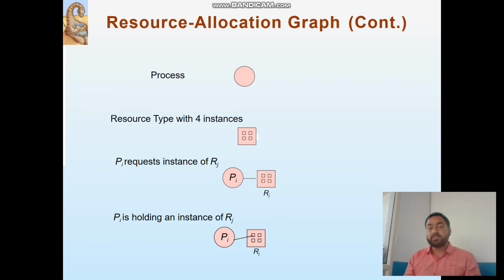For example, a square having 4 internal squares is a resource having 4 instances of itself. Then an edge from a process directed to a resource indicates that process Pi is requesting a particular instance of the resource Rj. And if an edge goes from the resource instance to Pi, it means Pi is holding an instance of Rj for its execution.